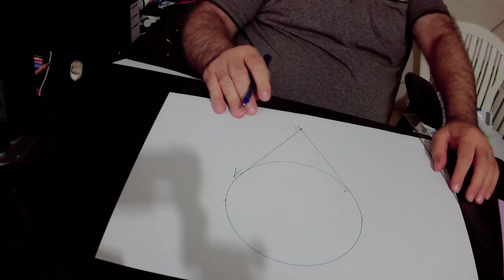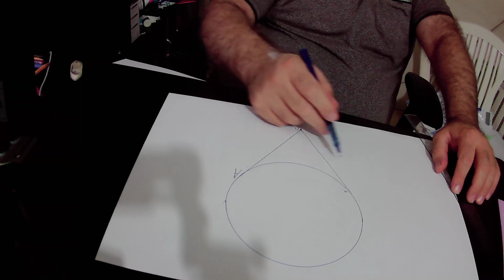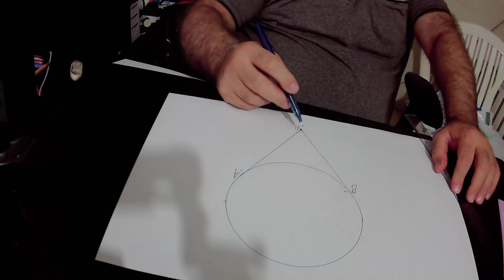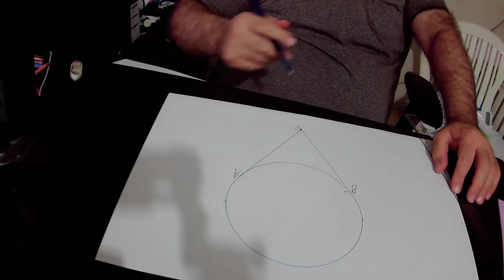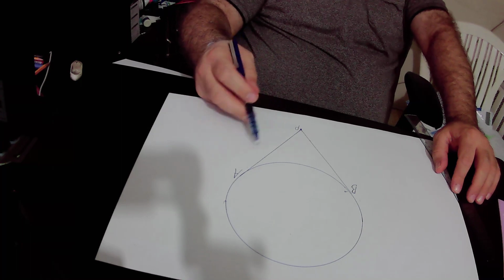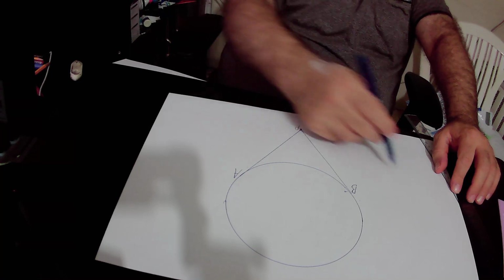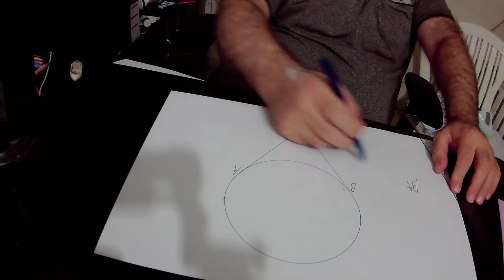And we will define the touching point between the second tangent and the circle as point B. Point B is the point of tangency of the second tangent with this circle. So the length of the first tangent is PA. The length of the second tangent is PB.